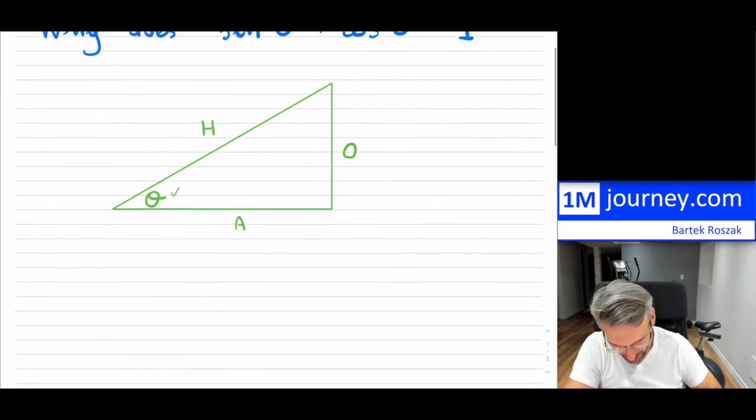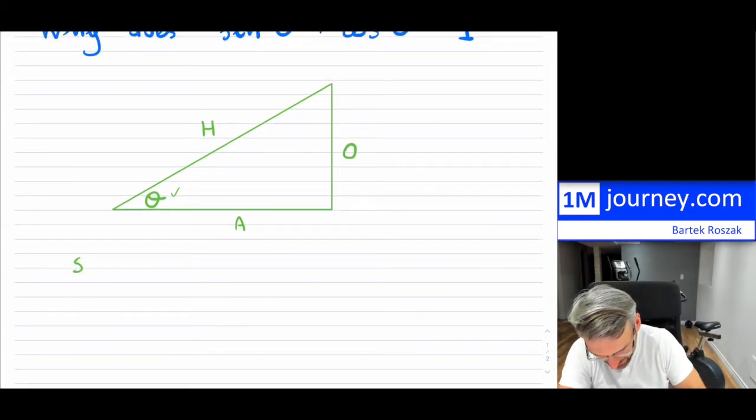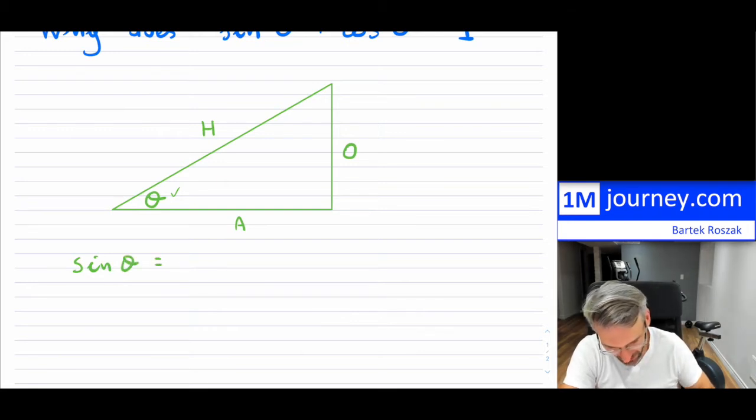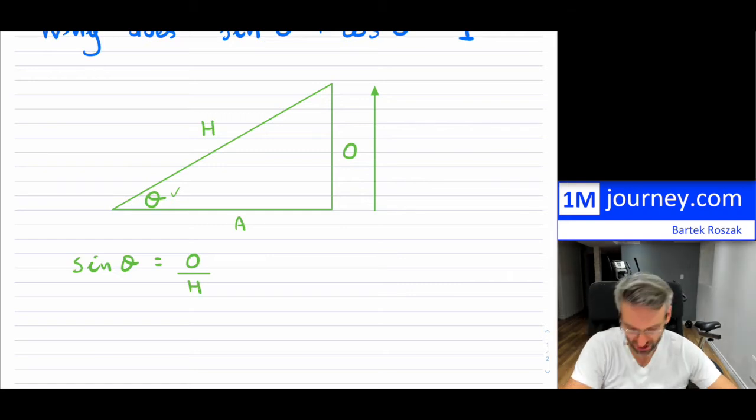You should remember that sine theta is defined as the ratio between your opposite length, how long this side is, and your hypotenuse. That's the definition of it.